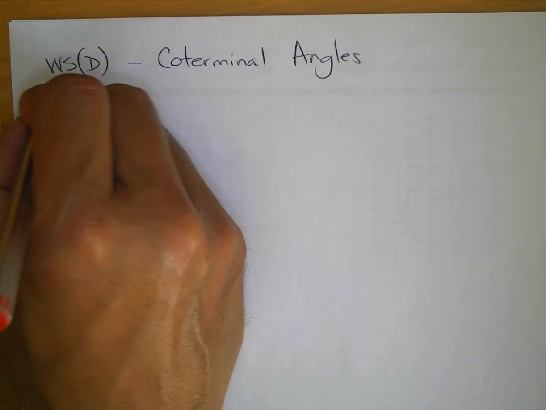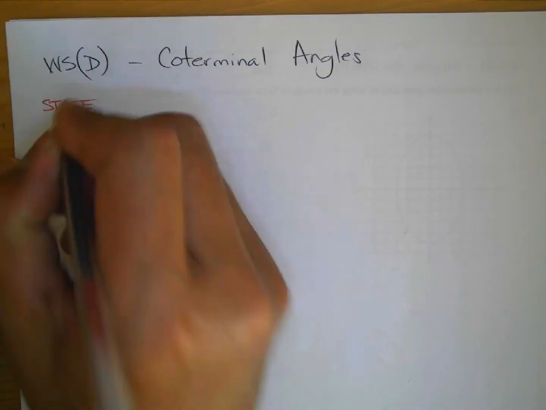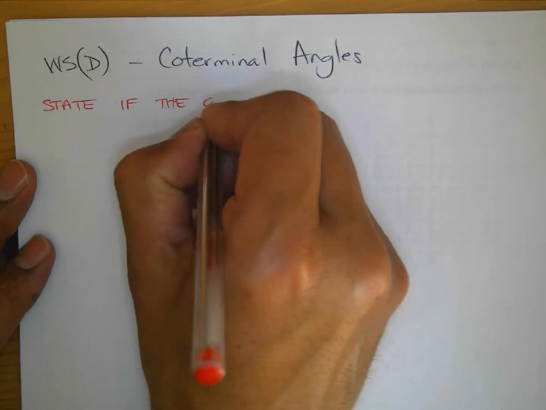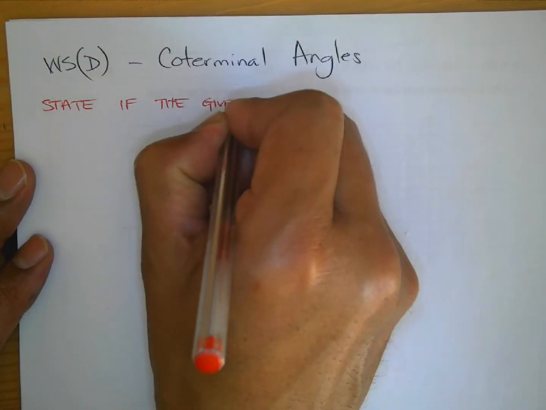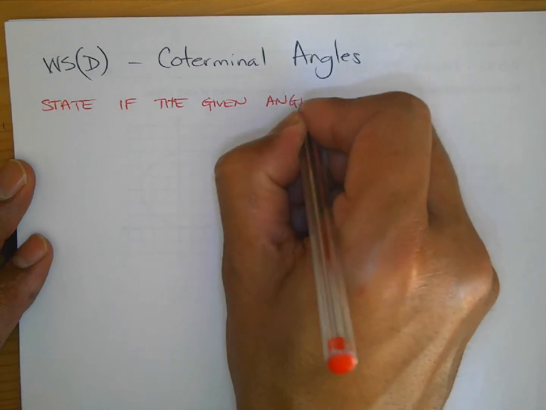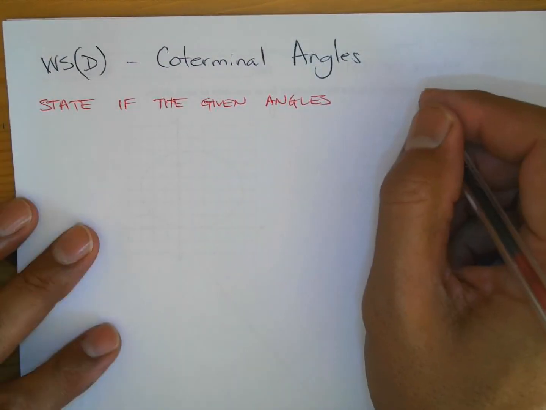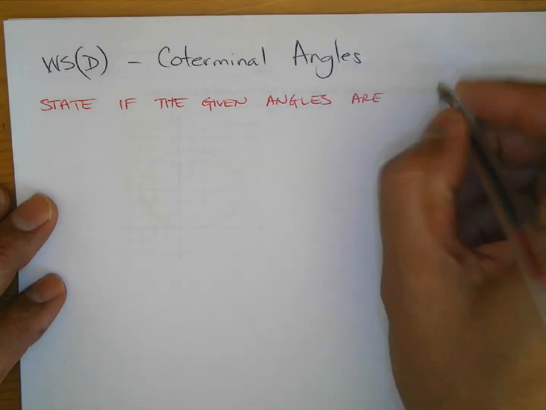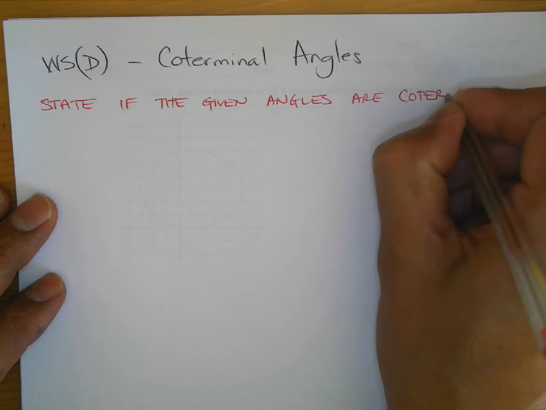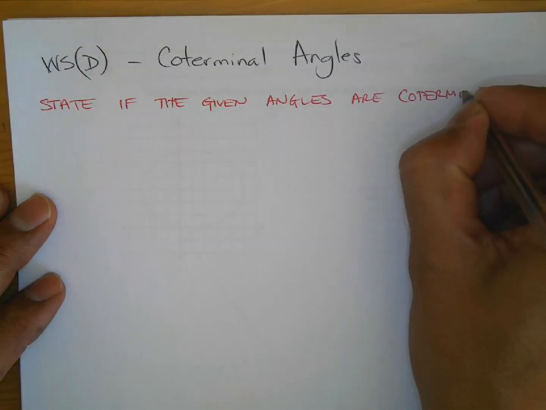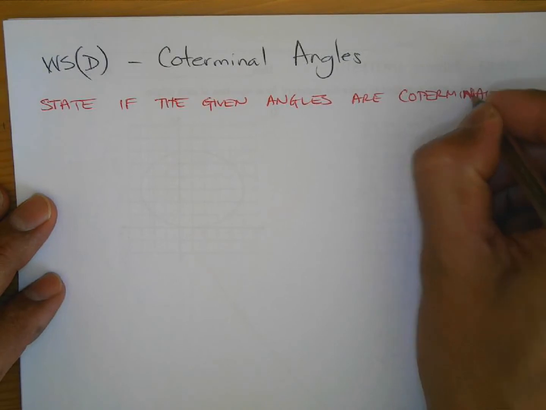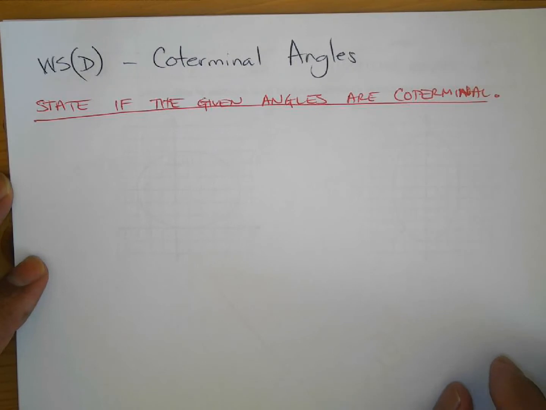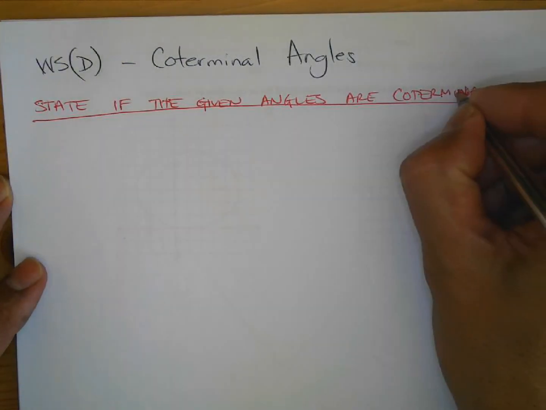It's going to say, state if the given angles are coterminal. Here we go. State if the given angles are coterminal.